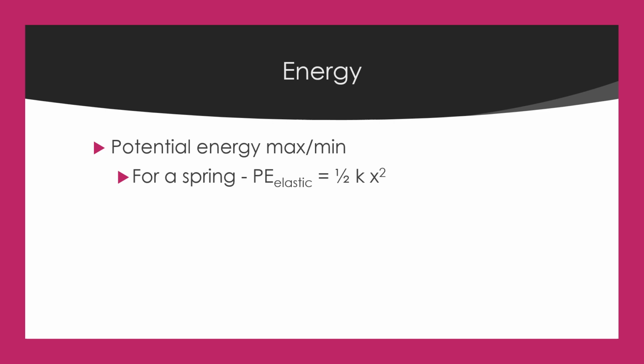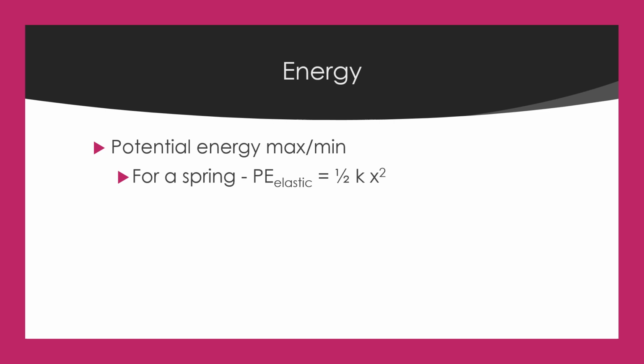For a spring, we're going to use the same equation that we had for elastic potential energy, so that's 1/2 kx squared. Just as a refresher, because it's been a bit since we looked at this equation, the k is your spring constant, which you'll always be given or you're solving for.